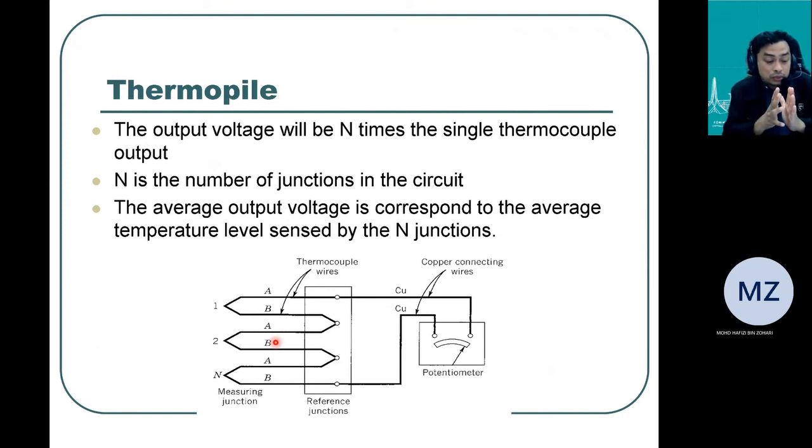Make sure that T2 has the same reference temperature, and the measuring temperature can be anywhere, it's up to you. It amplifies the EMF from millivolt up to volt. So the more thermocouples, or the bigger the thermopile, the more sensitive the temperature measurement.